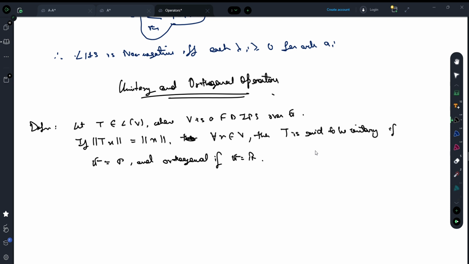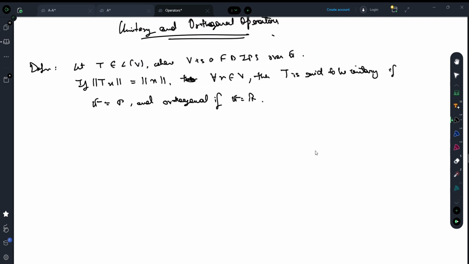So an obvious example is the rotational or the reflectional operator over R2. Both of them are length preserving, that's quite intuitive and geometrically evident. What does a rotational operator do? It just rotates the vector by some angle. It causes no change to its length. It doesn't scale it up or diminish it.